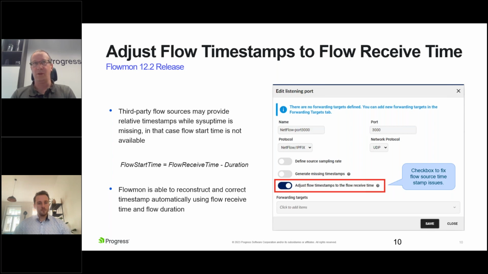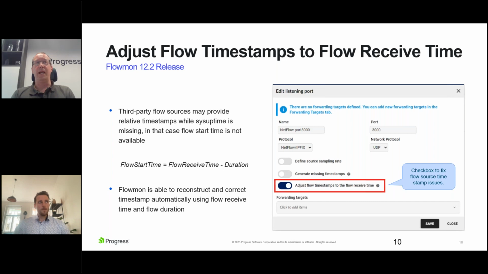You don't have any absolute value that you can use to understand those timestamps. So we have introduced a capability to fix this by using the flow receive time that is assigned to a flow record on the collector at the moment the record is received.